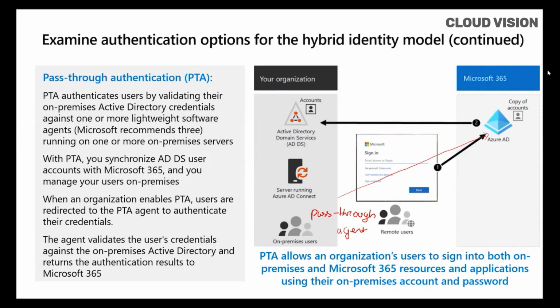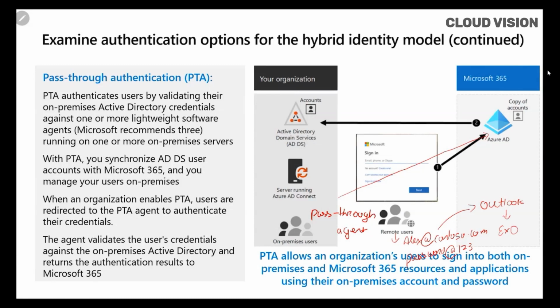Let's say I have a remote user over here named Alex at contoso.com. And Alex also enters his password to sign in to a Microsoft 365 resource, let's say Outlook, which is basically your Exchange Online service.